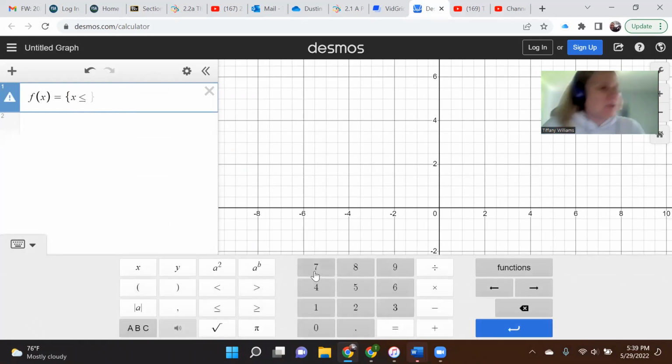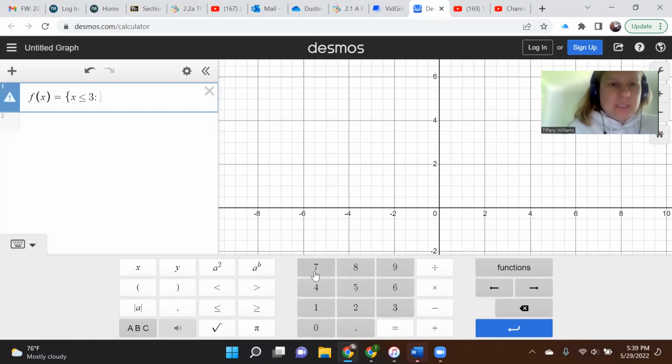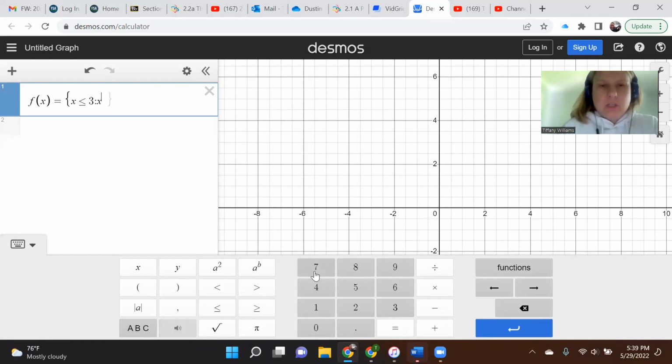Yep, less than or equal to 3. So please notice with this, which is a little bit different if you're using a TI 83 or 84, we actually put in our intervals before we type in the function that we're looking at. So we're going to say x is less than or equal to 3. I'm going to do a colon here, x squared.